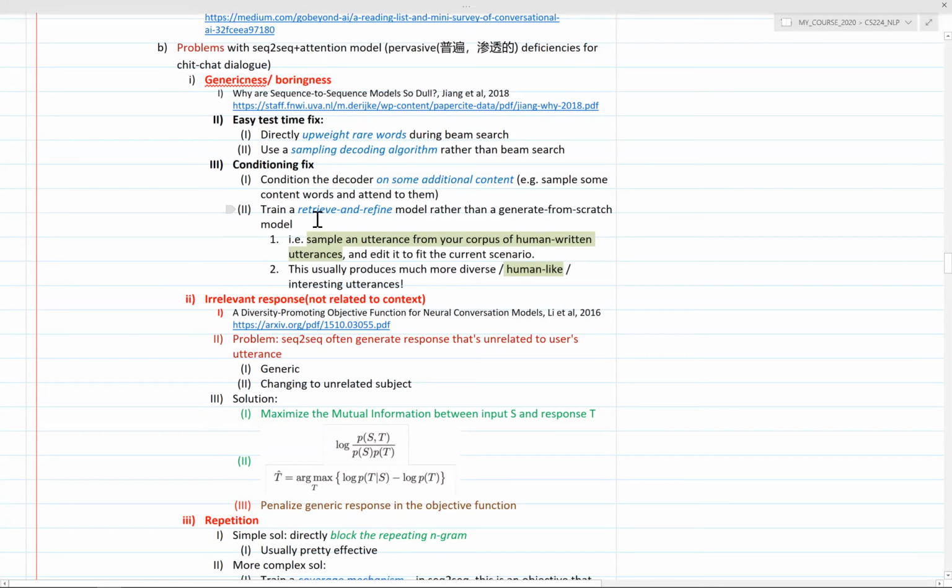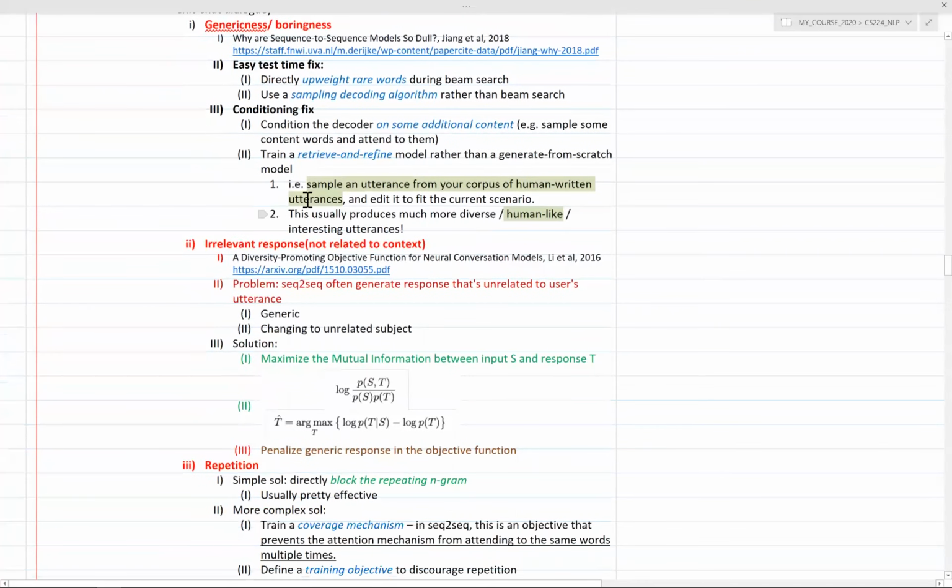The other way is to use a retrieve-and-refine model rather than generating from scratch, because you already used human-written utterances to train a model. Then the dialogue could follow that direction instead of generating the entire dialogue from scratch.